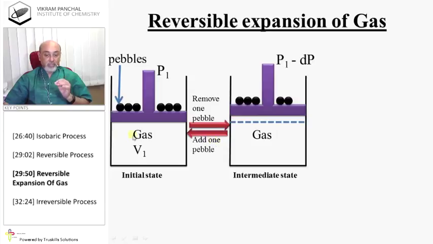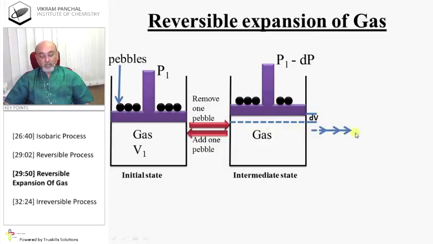So if you add one pebble, you will get the original state. Only one pebble. This is a very small change, and that is why it is possible to bring it to the original state. So this way, if you slowly remove pebbles one by one, there will be small changes every time, but every two adjacent changes are in equilibrium. The change in volume is dV.